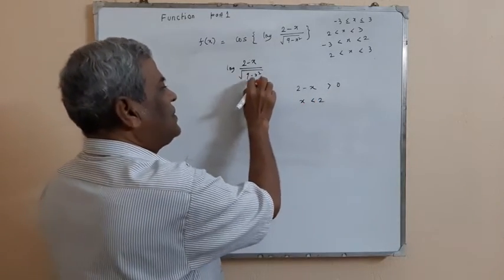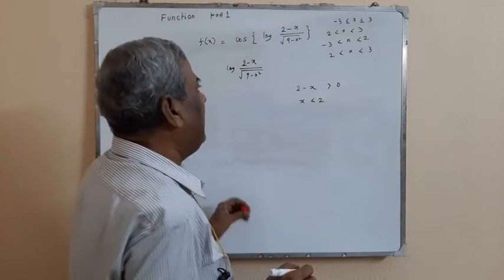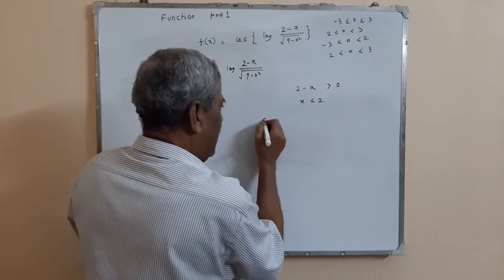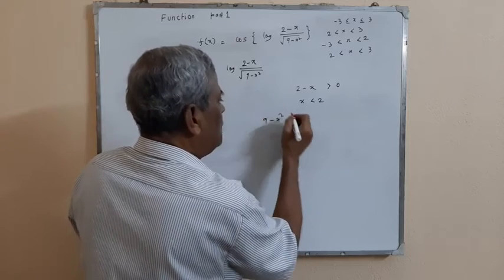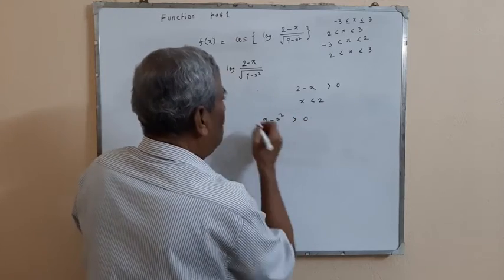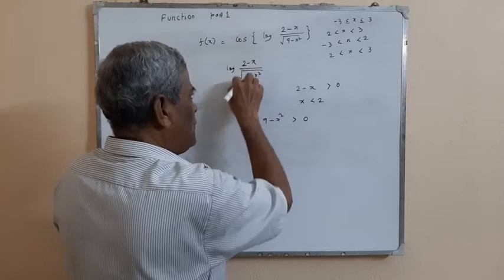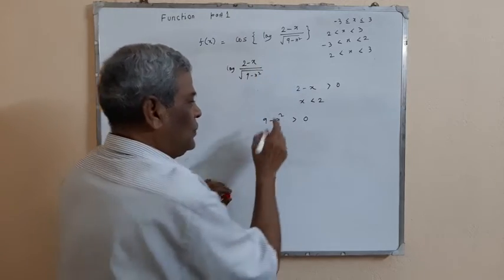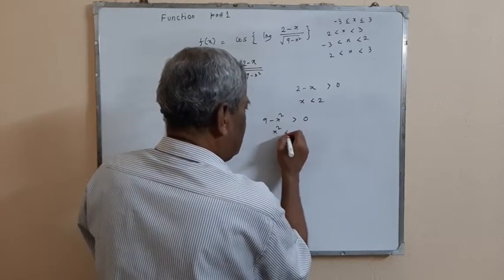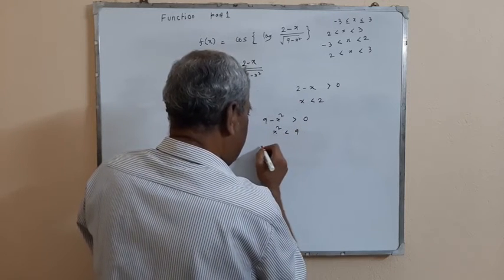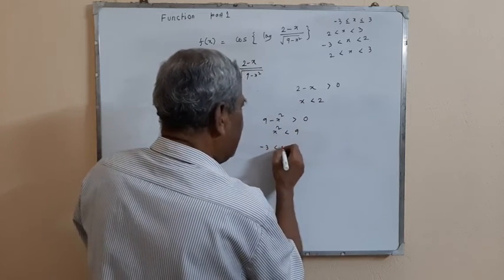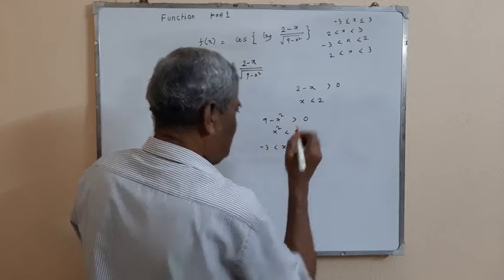And for this to be real, 9 minus x square must be positive, not even 0. If it is 0, this thing is undefined. That is, x square is less than 9, that is minus 3 less than x less than 3.